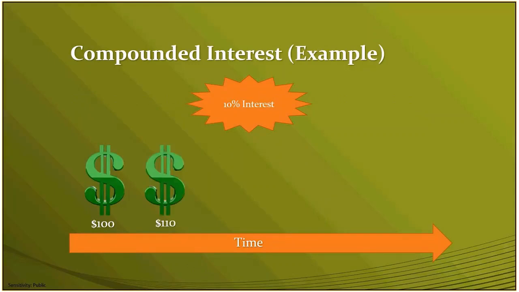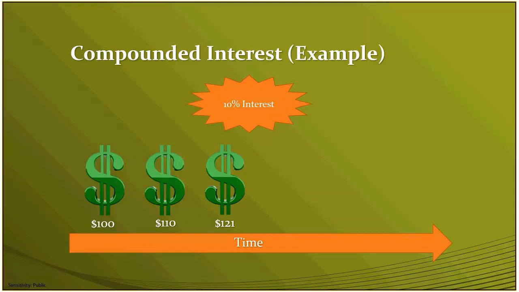A year from now, we have $110. We made $10. Now in another year after that, we still are at 10% interest, but have $110. So instead of getting 10% interest on $100, we're actually getting 10% interest on $110. So then we end up making $11 instead of $10.